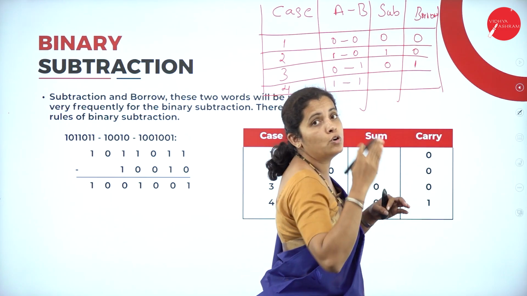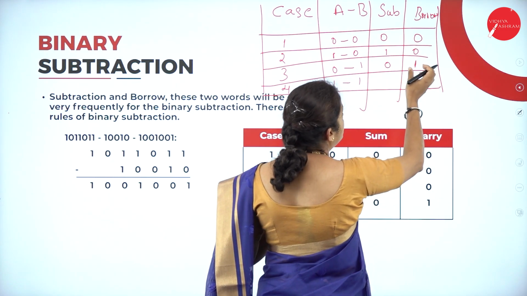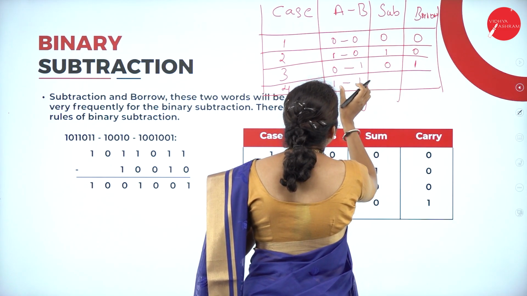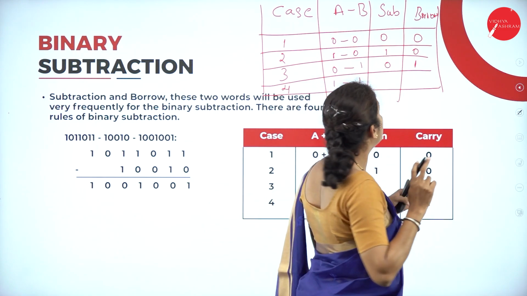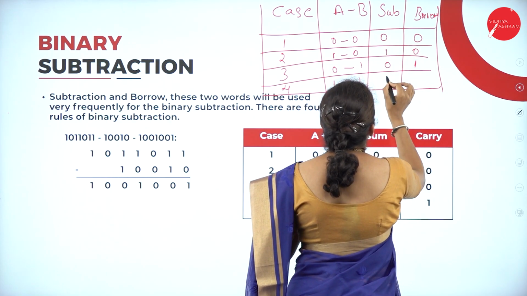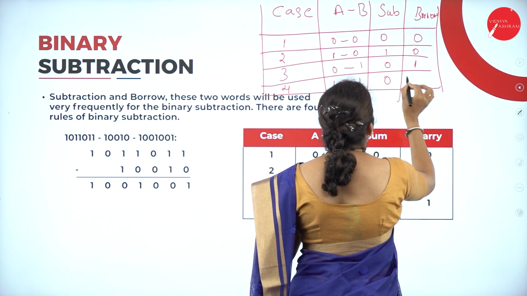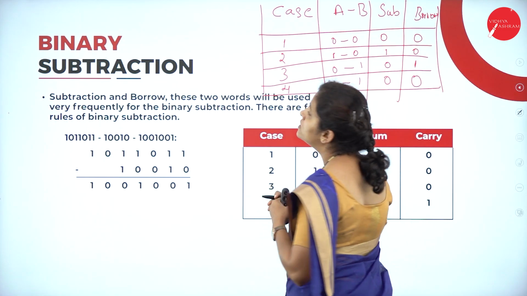That means I want to borrow 1 bit. If the given case is 1 minus 1, then subtraction is 0 and borrow is also 0.